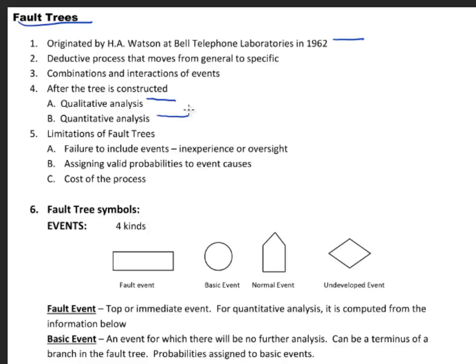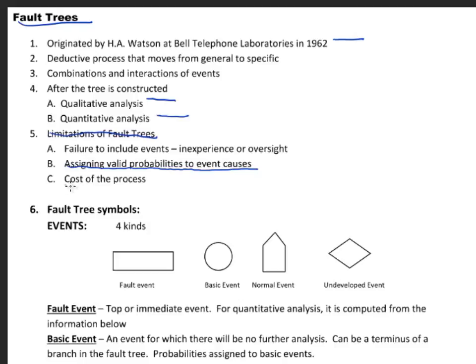Now, of course, it does have some limitations. I'll want you, of course, to know these limitations. Sometimes we fail to include certain events that need to be in the fault tree because of inexperience or oversight. And sometimes, particularly quantitatively, we might not exactly know the frequencies of various events.